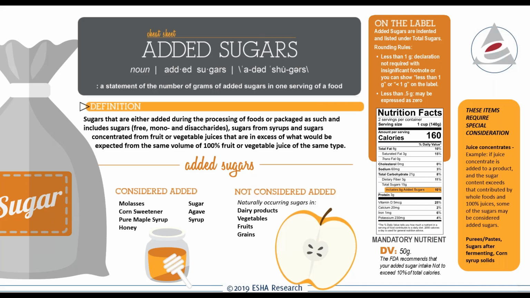If your product contains less than 0.5 grams of added sugars per serving, this can be expressed as 0 or insignificant. And Genesis includes the various rounding and statement options in the label settings. And note the section on items that need special consideration. Again, that speaks to juice concentrates, purees, and fermentation, and those topics are covered in the guidance and the webinar that I mentioned.